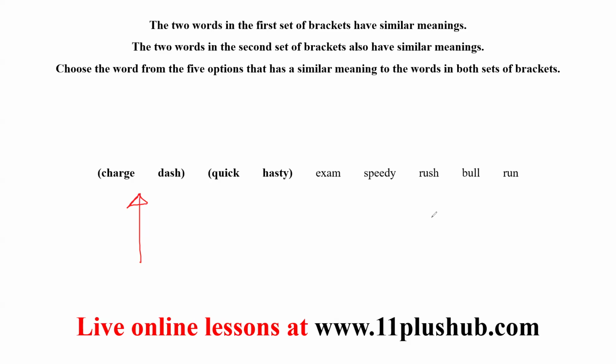I think that they have similar meanings because when you're, for example, charging your body, like you have enough energy to dash around our house, for example. What about an animal?